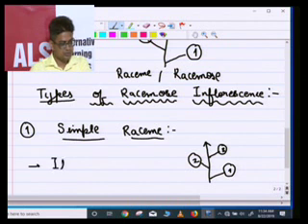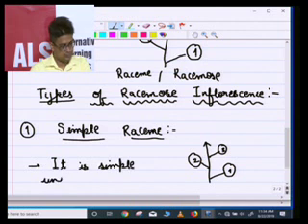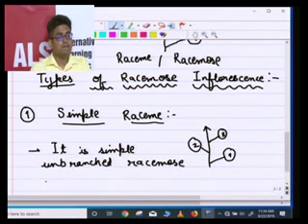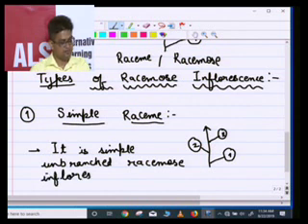It is a simple unbranched racemose inflorescence of pedicellate flowers.